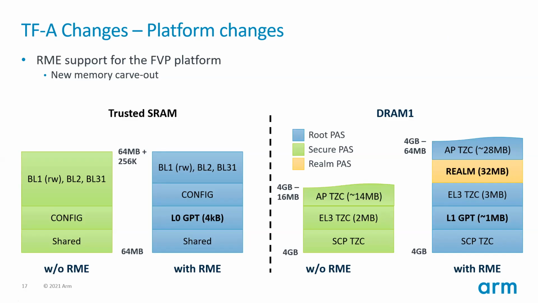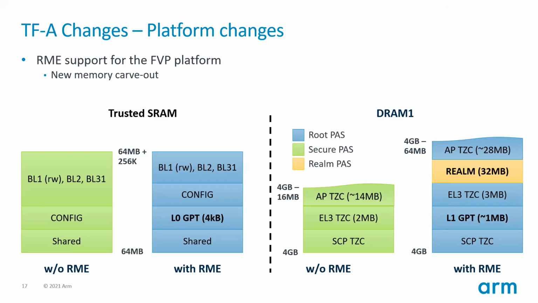And what do we expect for this SCP-TZC region? Does it remain root world or root path? I believe so, right? I think I'll have to double check that, but I think it should be in the root. Okay. So the FVP doesn't use that region. This is mainly for systems with SCP.